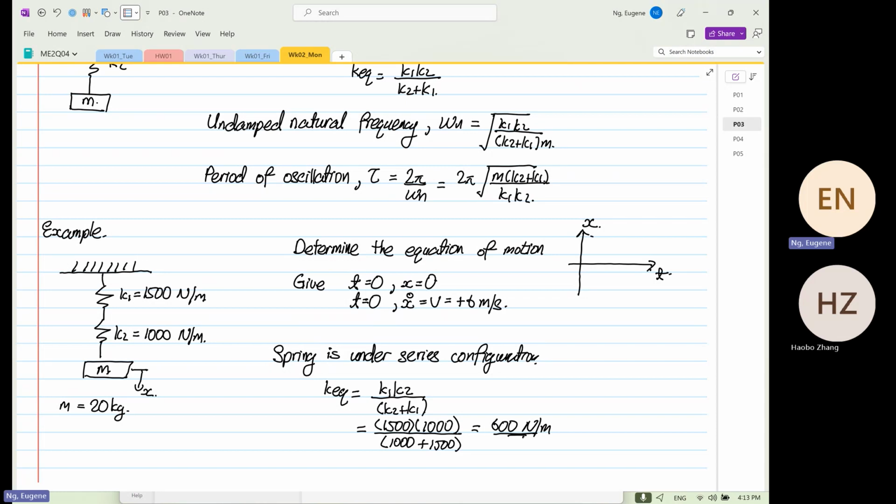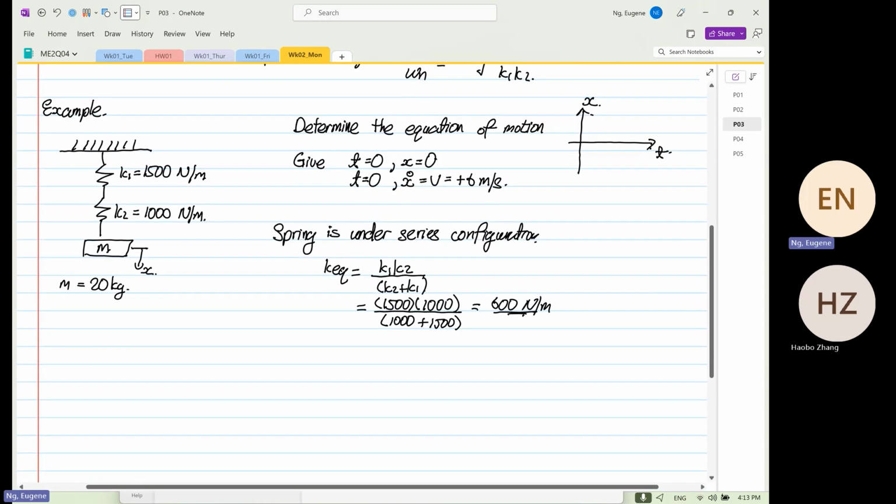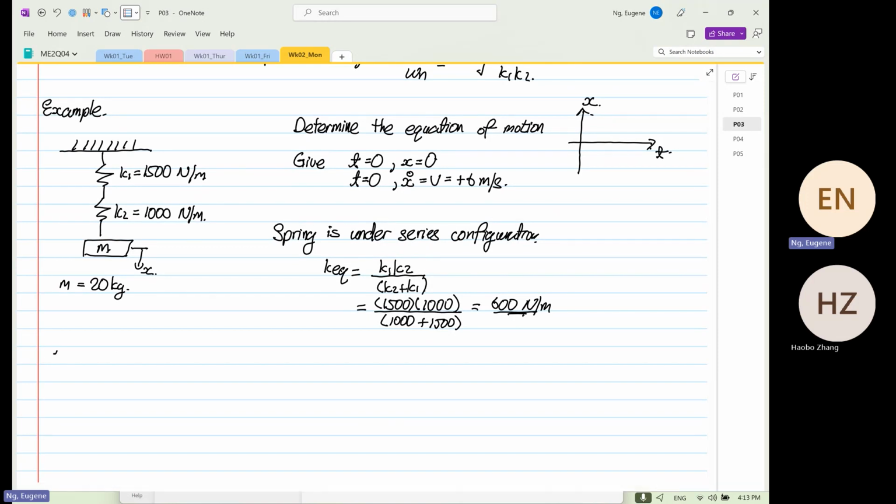So for a system like this, there is no damper. So we are aware of the general solution for undamped free vibration.